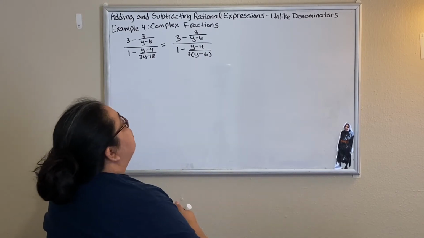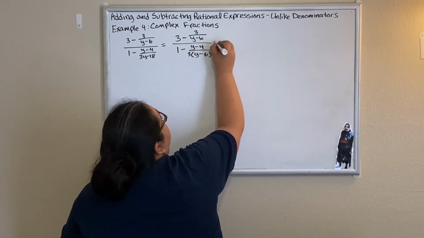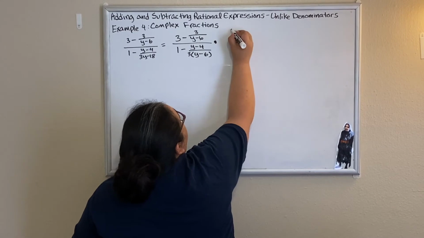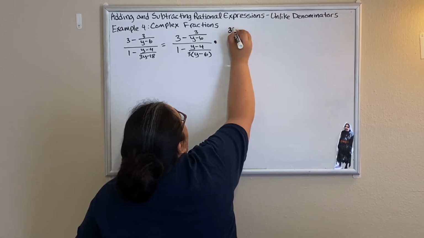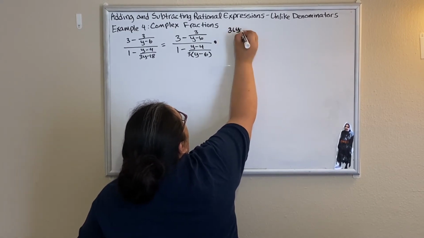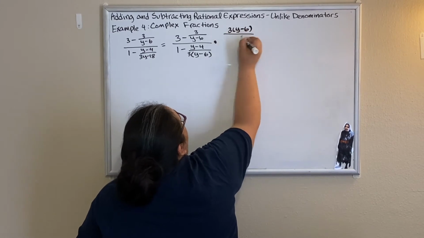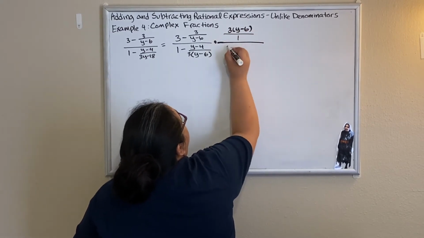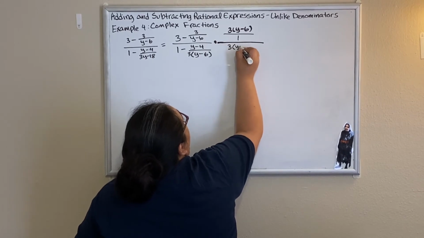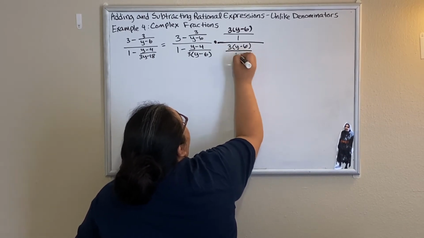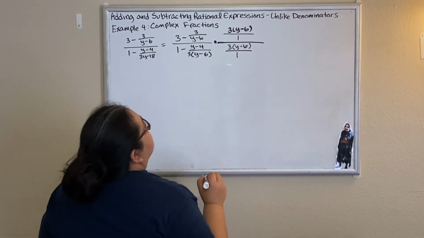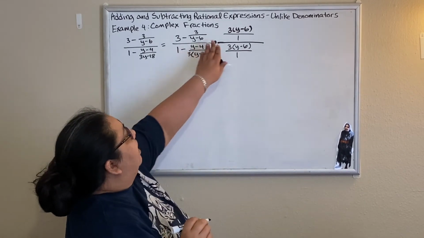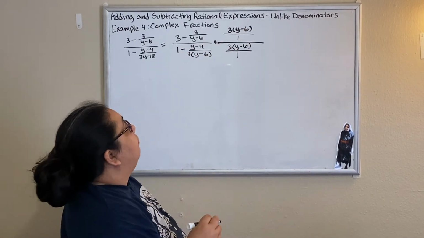So what I'm going to do is multiply this whole fraction by 3 parentheses y minus 6 over 1. And then I'm going to do it again as a complex fraction, 3 times y minus 6 over 1. Okay? So I have a complex fraction times another complex fraction.